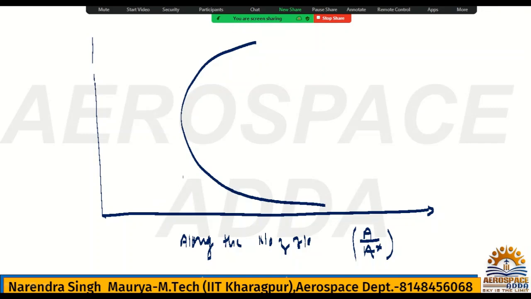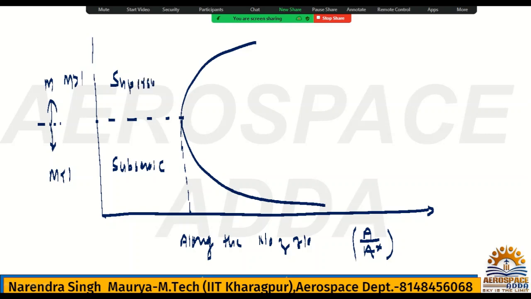The Mach number will have 2 values. Here M will be less than 1, and here M will be greater than 1. Subsonic and supersonic.